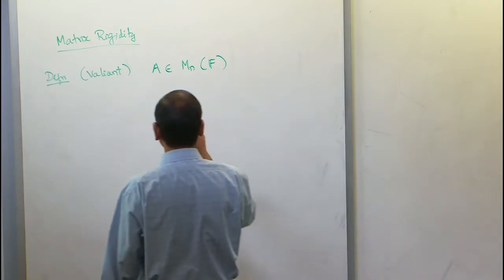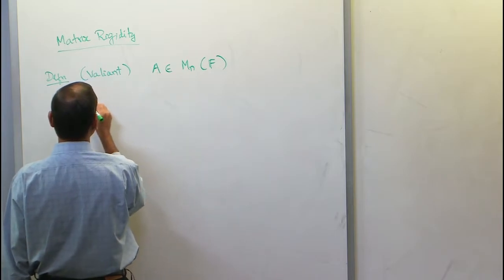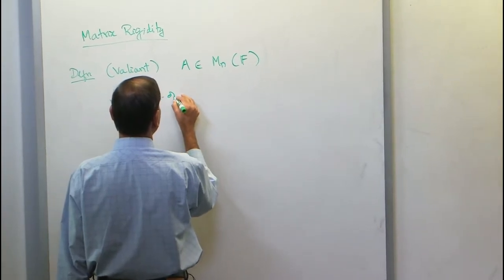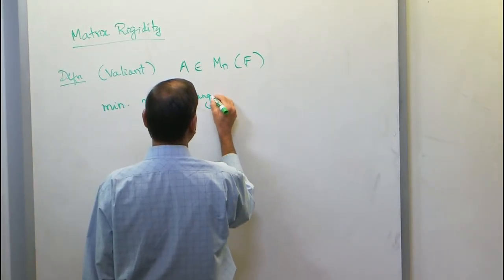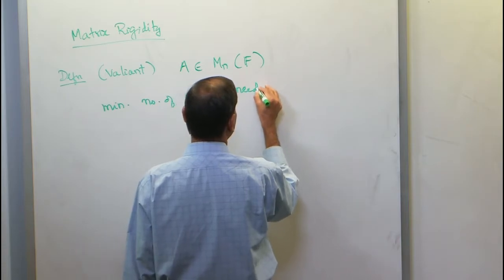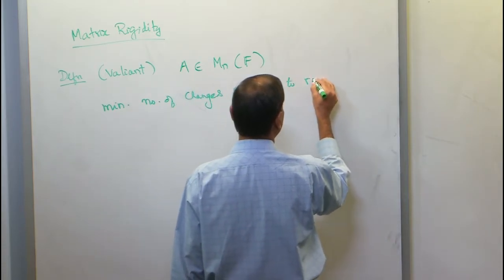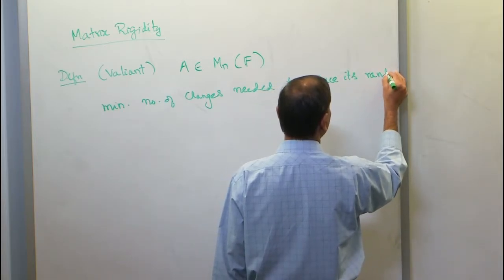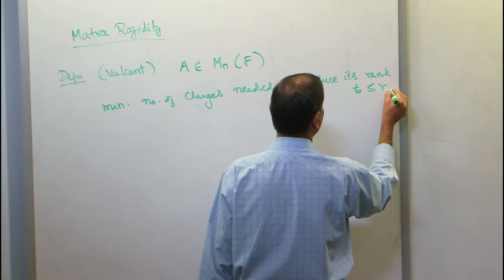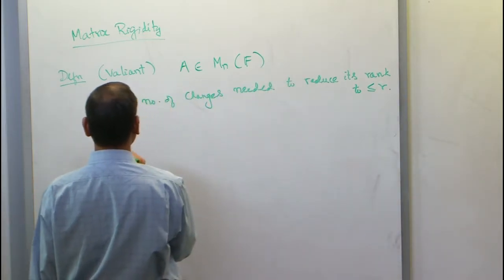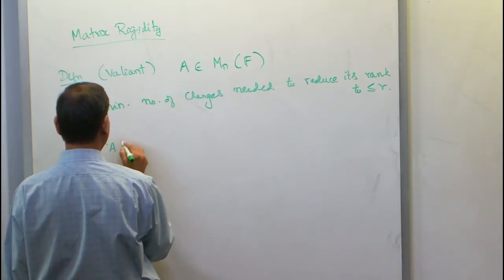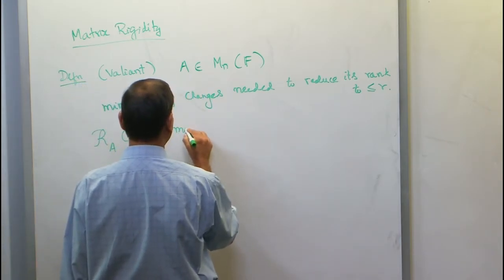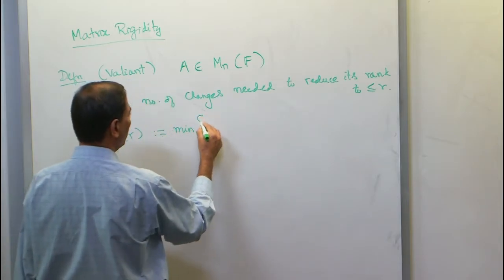And we want to reduce the rank of A to some target value R. So that minimum number of changes is called the rigidity of the matrix A for target rank R, and we use this notation for that.